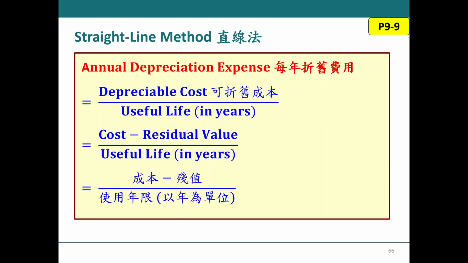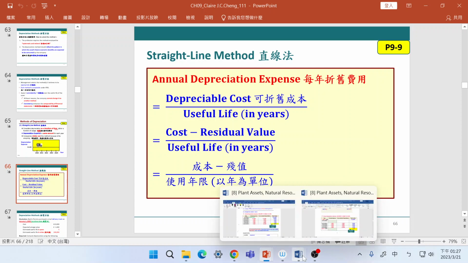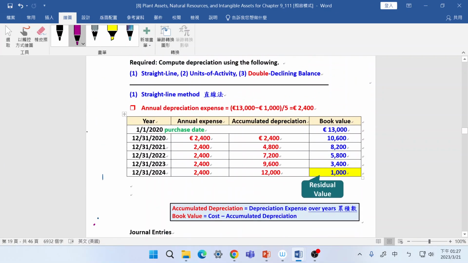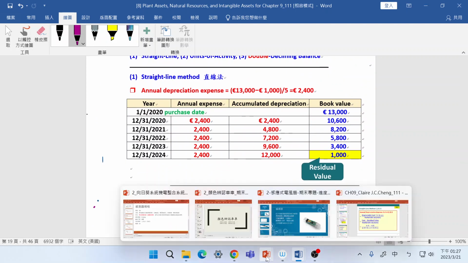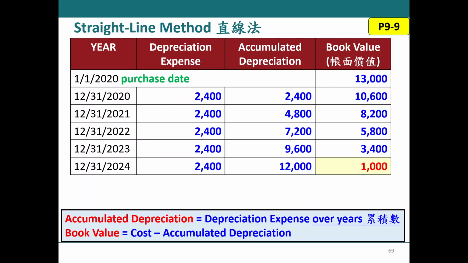So you practice it last week on your page 19, right? So you can look at your note on page 19. Yeah, page 19. Did you find out? You will have same amount.